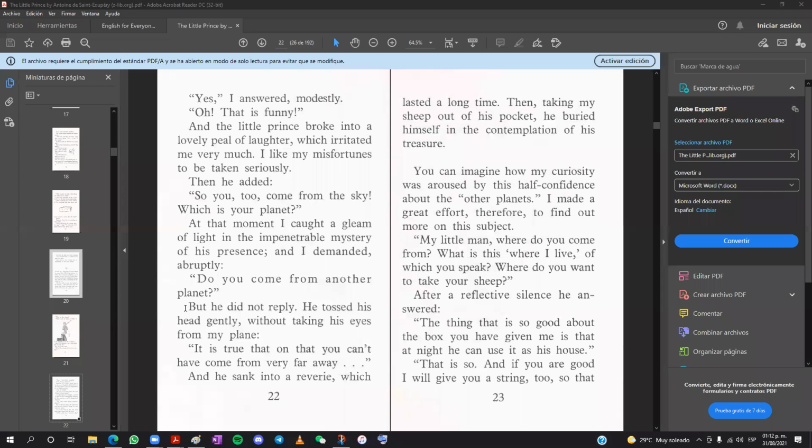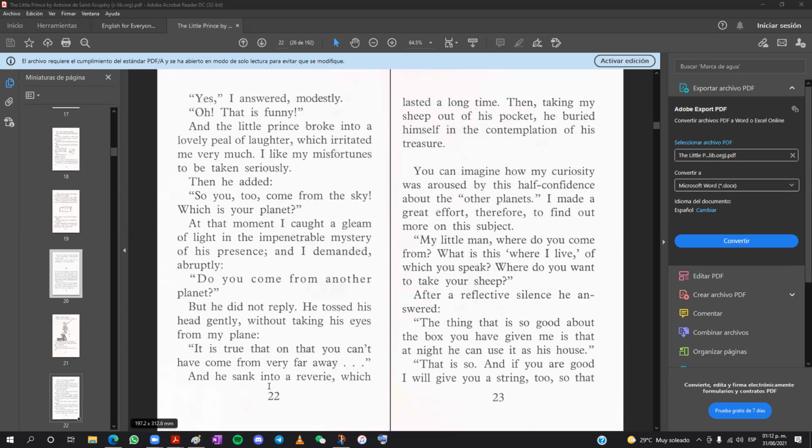But he didn't not reply. He Reply. He Mhm. tossed his head gently Mhm. without taking his eyes from my Taking. plane. Mhm. Taking Mhm. his eyes from my plane. Mhm. It is true that on that you can have come from very far away.